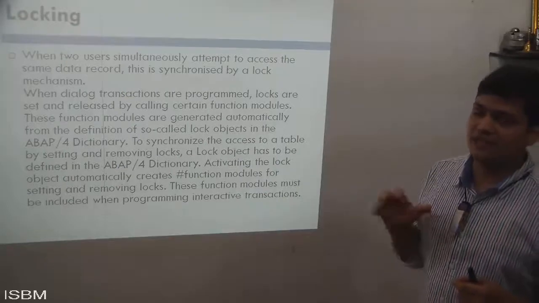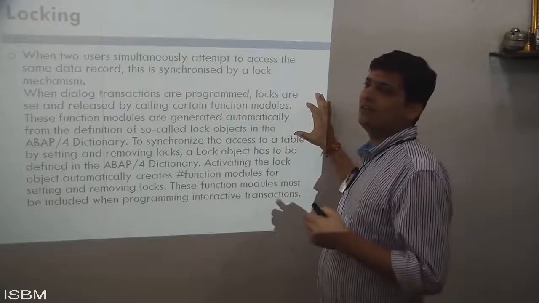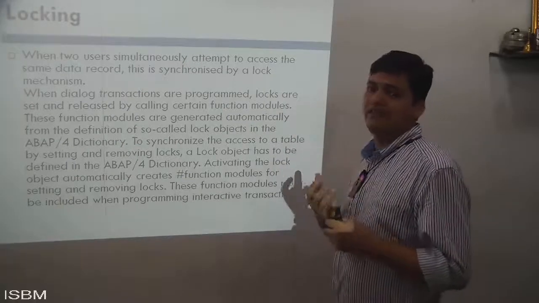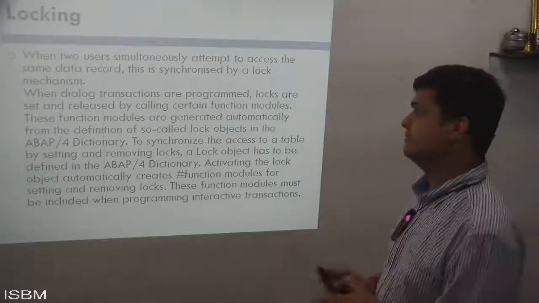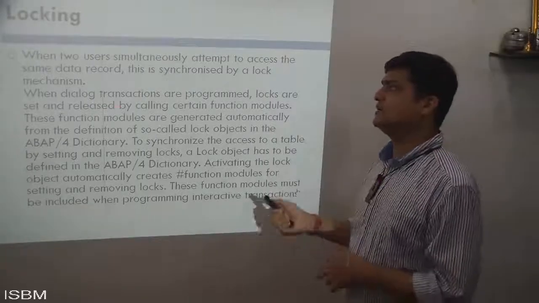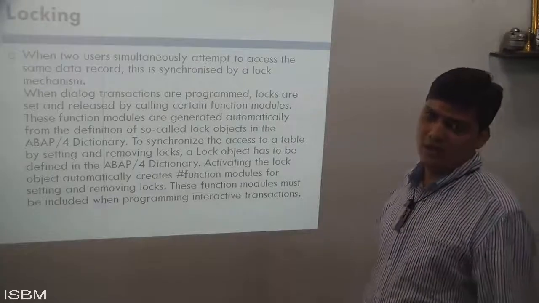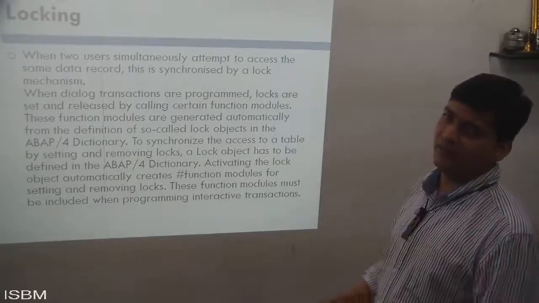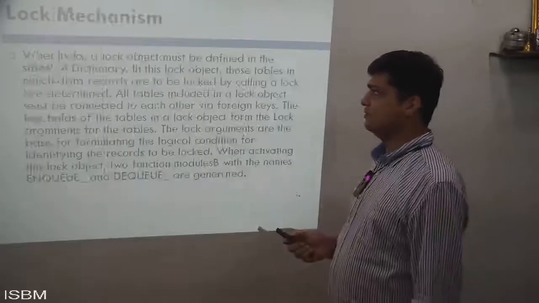I am the single person who can use that purchase order. The other person cannot enter. I can enable the fields, but for them they are only disabled, a grayed out field. So these lock objects will come in. Just like I'm creating one table, at the same time the same table cannot be used by some other person. This is the locking concept overall.